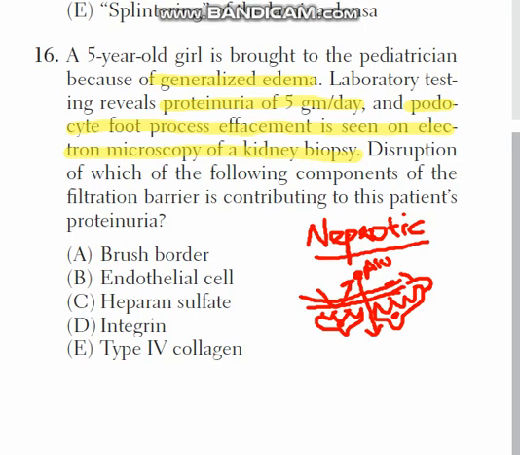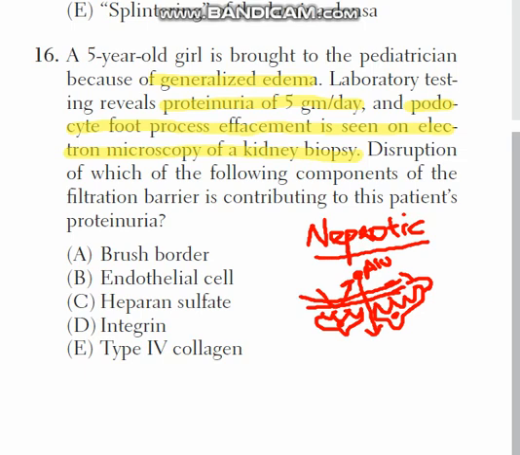But they ask what are the structures which, when disturbed, lead to nephrotic syndrome. The options are brush border, endothelial cells, heparan sulfate, integrin and type 4 collagen.